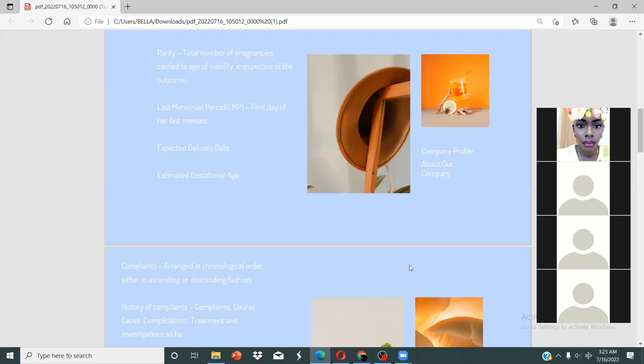This is the first way I'm going to be teaching you. Remember, LMP is 5th of 12th, 2021, and then the EDD is 12th of 9th, 2022.